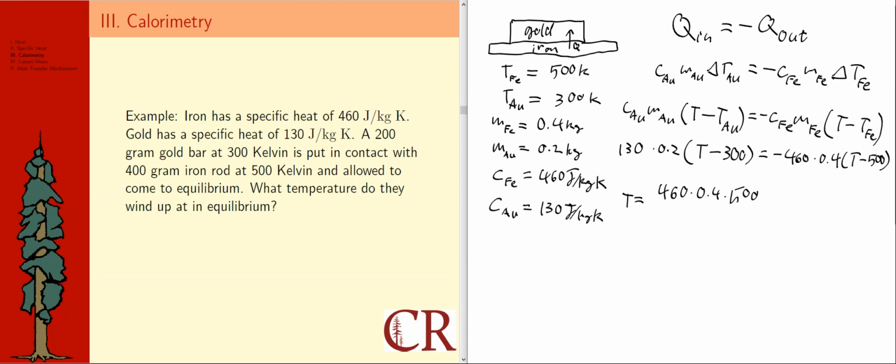That part came from these three being multiplied and then summed with 130 times 0.2 times 300.